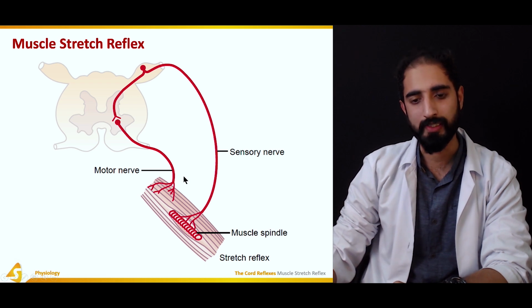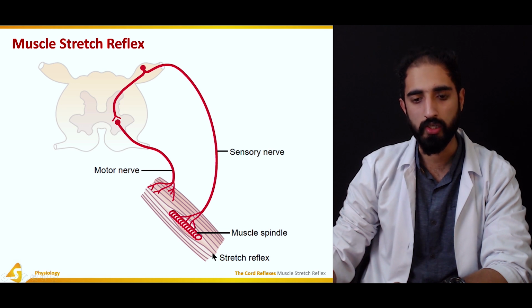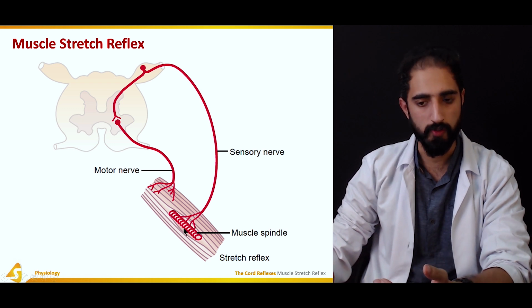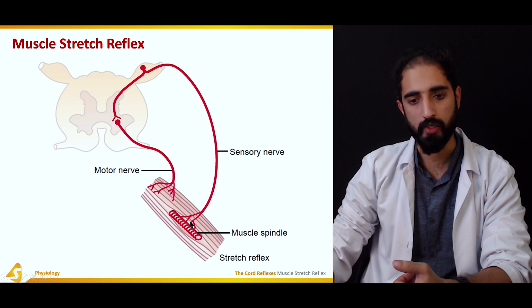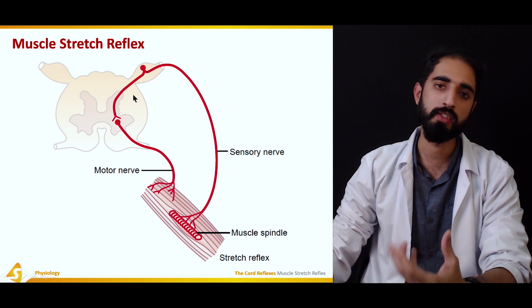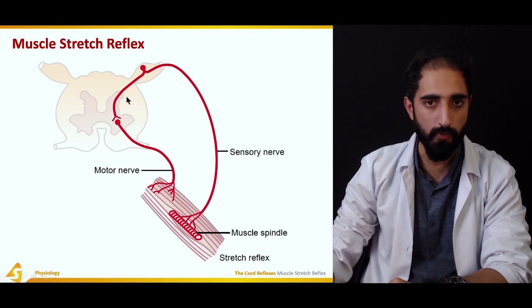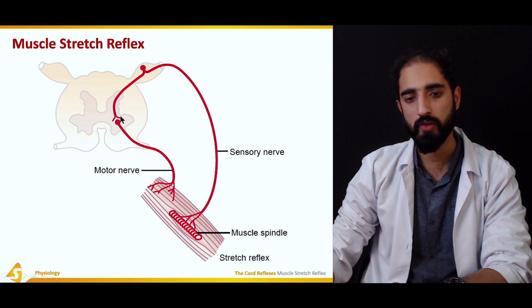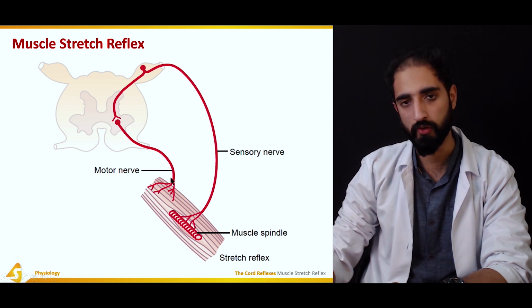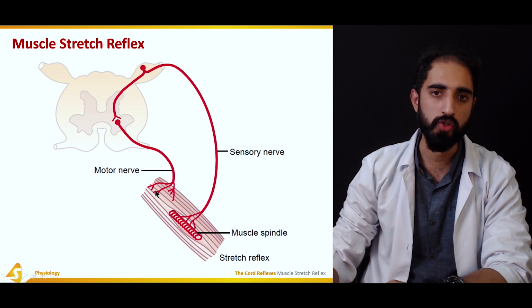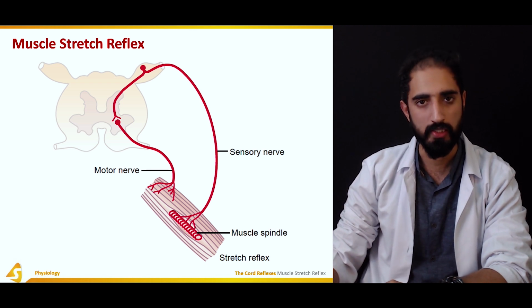So whenever biceps is lengthened, that increase in length is actually perceived by this muscle spindle. And that results in a positive response by the muscle spindle, which takes the information through the sensory nerve and influences the motor nerve by activating it, and the stimulation of this motor nerve stimulates the extrafusal fibers, which cause contraction of the muscle itself.